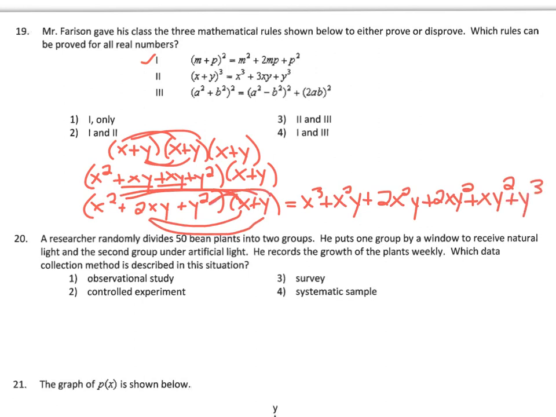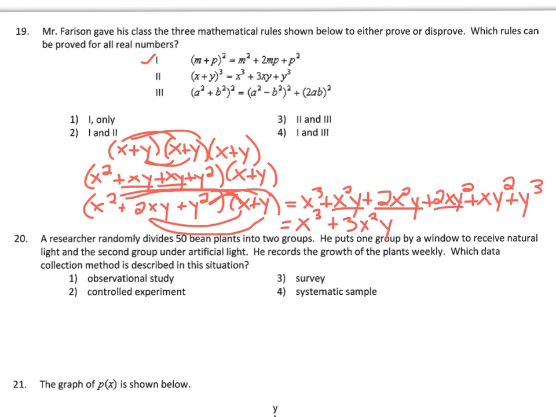Now, if we combine our like terms, you should be able to see right away that it's not going to combine to give us this right here. We do have an x cubed and a y cubed, but these are not going to combine to give us 3xy. I'll combine and show you. I bring down my x cubed, and then I can combine my x squared y with the 2x squared y, which gives me 3x squared y.